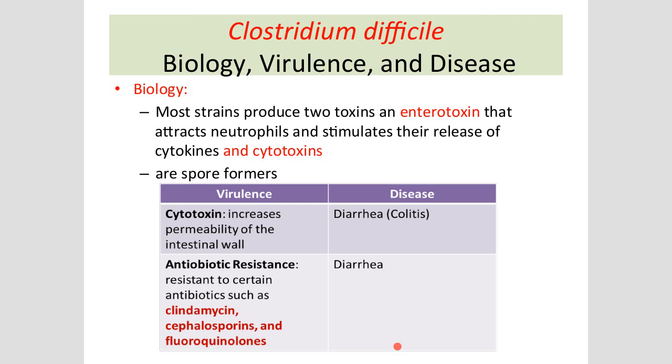They are also spore formers. Cytotoxin increases the permeability of the intestinal wall and causes diarrhea, and the same bacteria is responsible for antibiotic resistance, resistant to certain antibiotics like clindamycin, cephalosporin, and fluoroquinolones. So that is what we think of with Clostridium difficile when we think of antibiotic resistance.